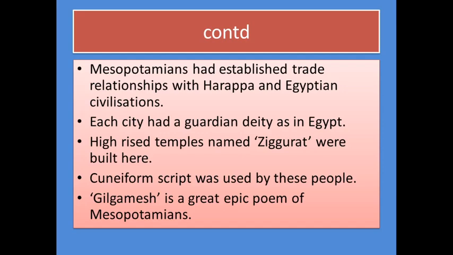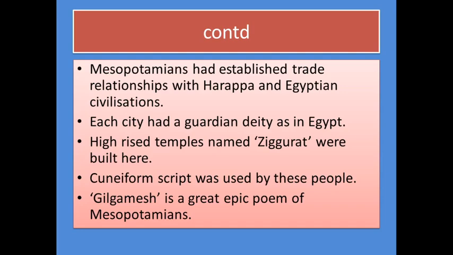Each city had a guardian deity. Here deity means god or goddess of the civilization, as in Egypt. High raised temples named ziggurats were built here. Cuneiform scripture was used by these people.